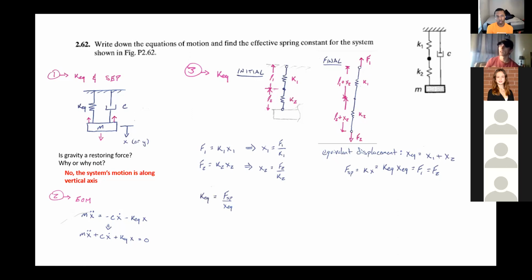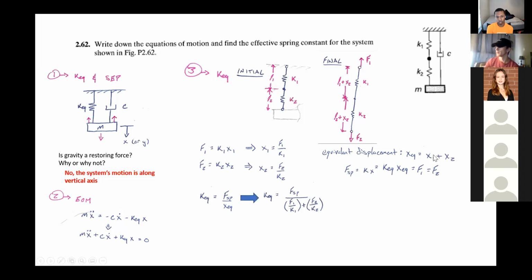So our K equivalent equals the force of the spring over X equivalent. From now on, I'm just going to refer to the force as the force of the spring. We're going to plug all that in for our X equivalent.